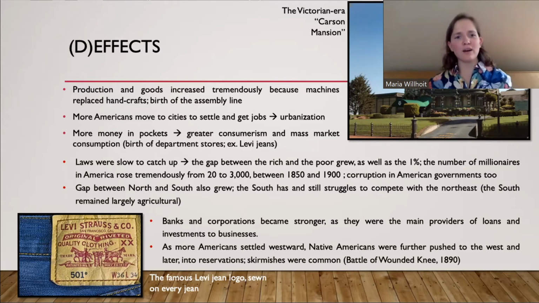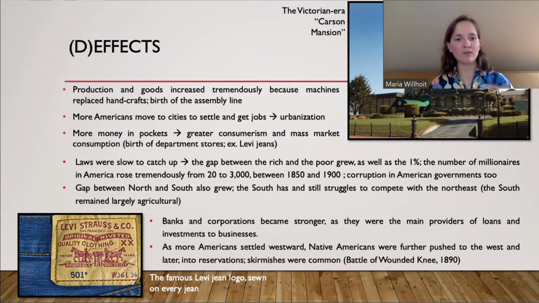Another big effect of this industrialization was urbanization. More and more Americans move to cities and they settle and they get jobs. This includes both native born Americans and immigrants. More people have money in their pockets, you know. Even though the wages were low, they were still wages. And so this leads to greater consumerism and a lot of mass market consumption.